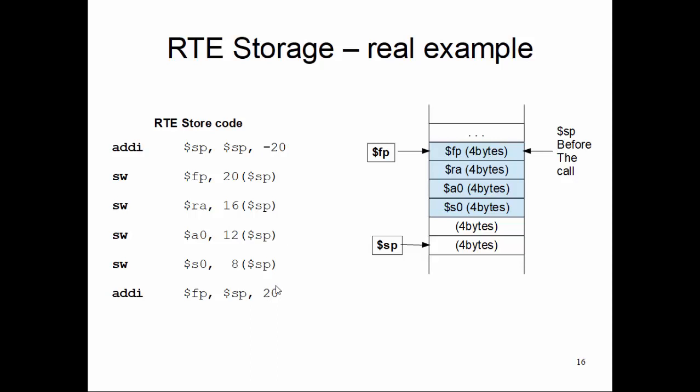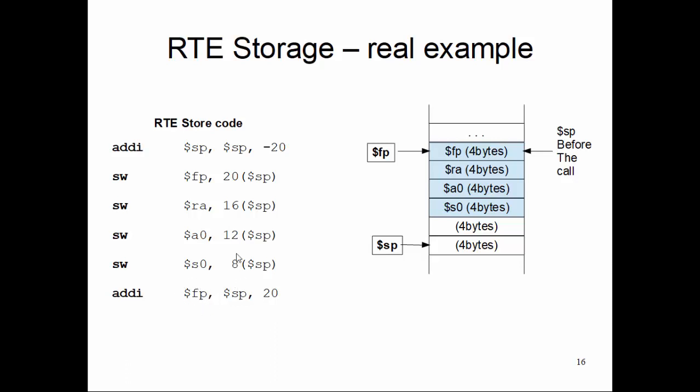Also, one point to note, just to check your storing is okay or not: the last one before you set the frame pointer, the last offset is always 8. However many variables you stored there, if you write it correctly, you will see the last one will end up at an 8 offset from the stack pointer.